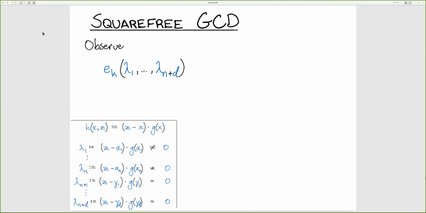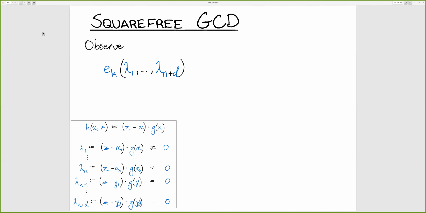Well, if you expand out this sum, every monomial that you get in this summation has some terms from the first n of these lambdas. And if you remember, the first n are non-zero. These correspond to the roots that only belong to f. And then from the remaining d, we get some lambdas, which come from the common roots.